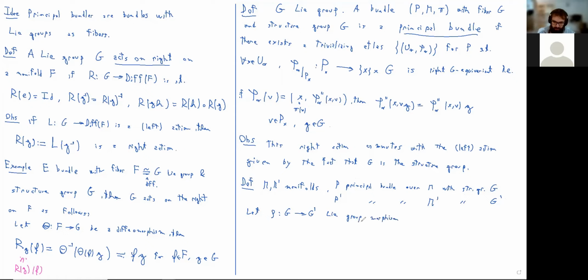So just a group morphism, which is also differentiable. Then we say that a bundle morphism, so this we know what it is, this is just a morphism of bundles, F, is a principal bundle morphism.